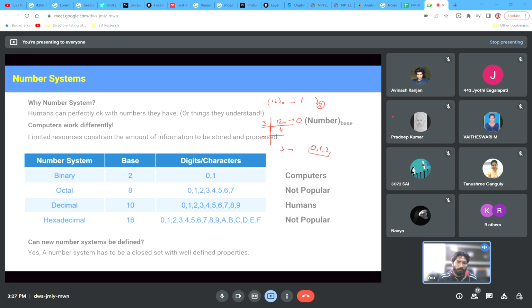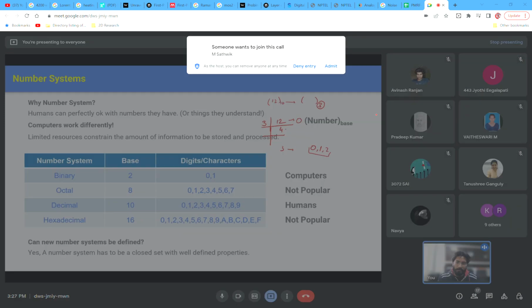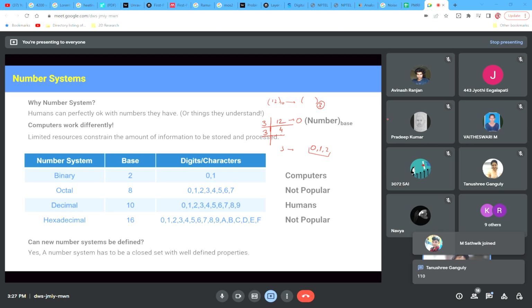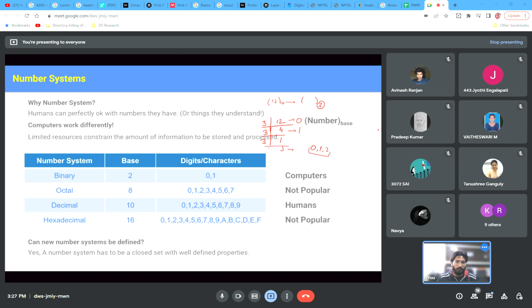So if you do this, this gets divided and you get a 0. And then you have to divide this one also. So this will give you 3 ones, and this will still give you 1. And when you divide again this will be 0 and this will be 1.